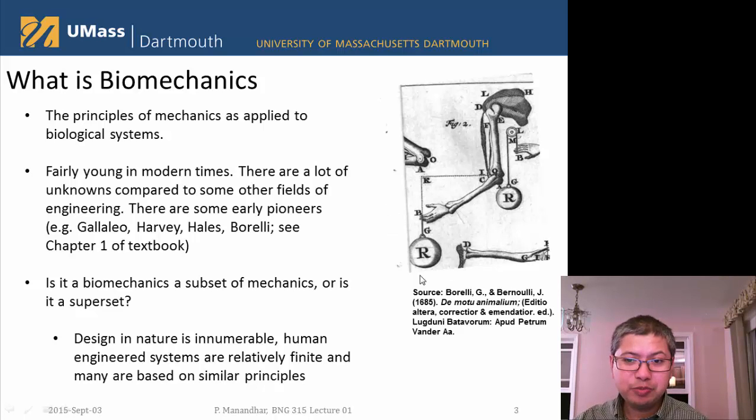So you can see pretty far back, people started working on this problem, but they were not able to go very far along.